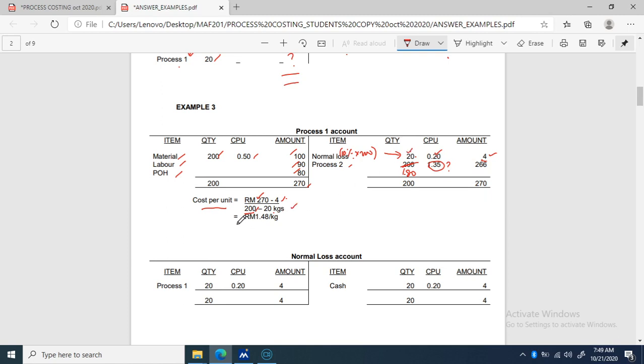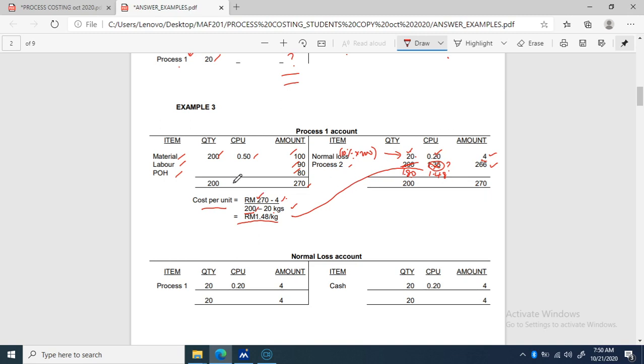So you will get CPU 1.48. This is not 1.35. So transfer here 1.48. 180 times 1.48, you get 266.